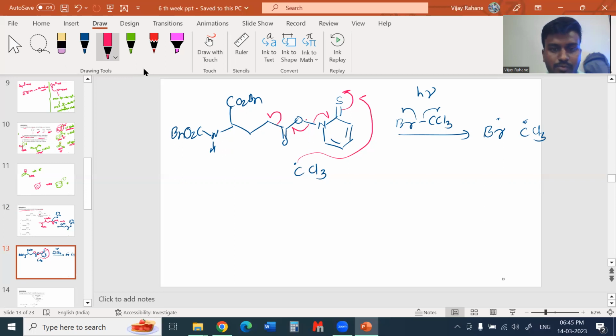So what product will be formed? Here will be a CH2 radical, plus CO2, and here if you see this nitrogen and sulfur, CCl3.